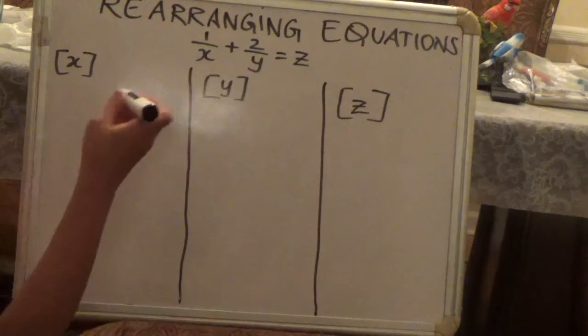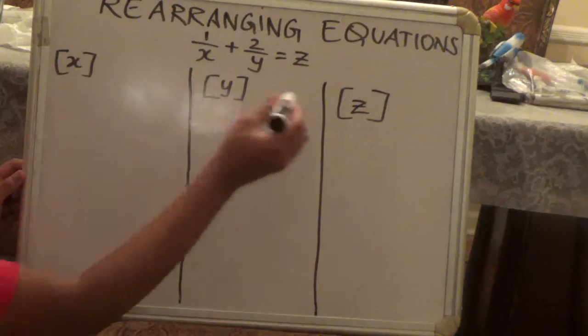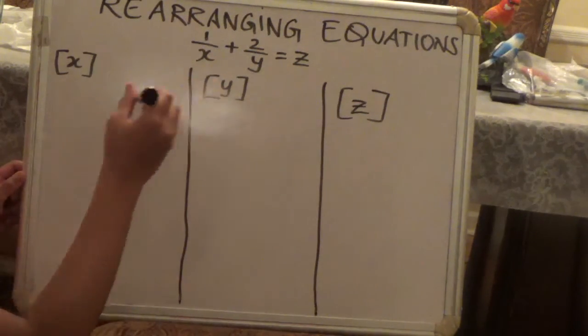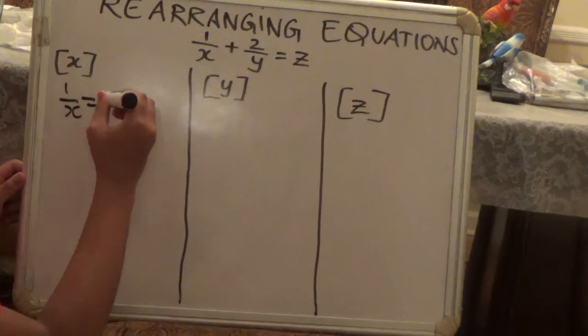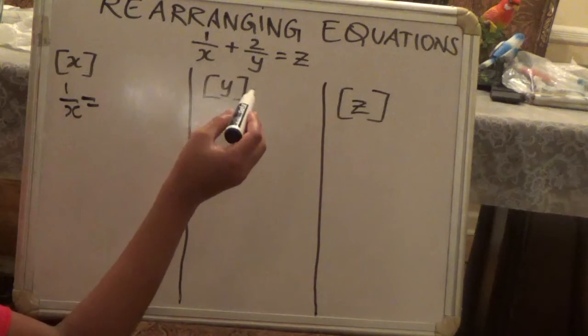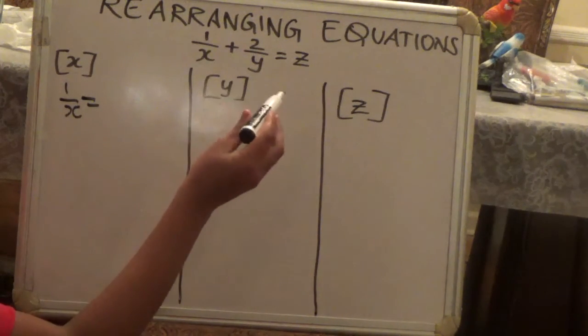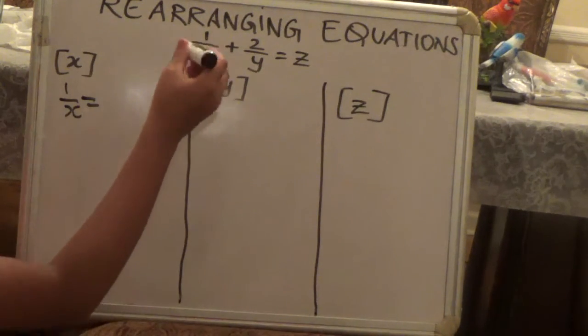So, since our equation is 1 over x plus 2 over y equals z, for all three of the variables, okay? So, 1 over x plus 2 over y equals z. If you subtract 2 over y from both sides to cancel out the y, you isolate x.